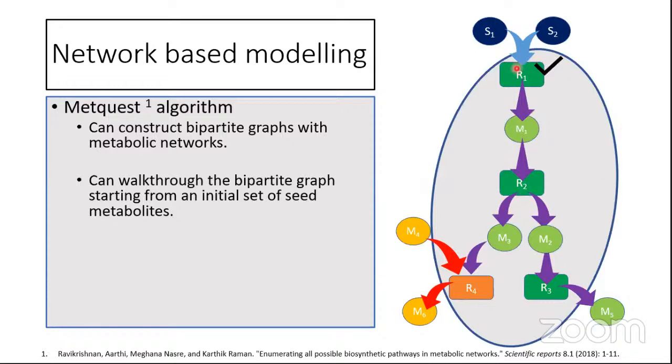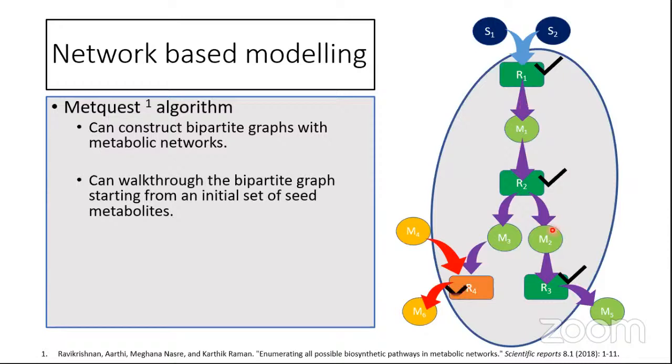For example, in this figure, let's say that S1 and S2 are the two seed metabolites being given as input. It basically walks through all these reactions R1, R2, R3, because all the metabolites required for these reactions are present.